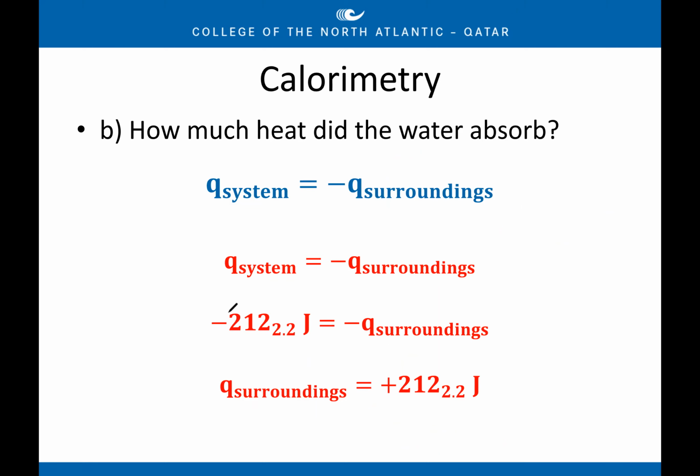So my system was losing, my system's my aluminum, my water is my surroundings. My system lost 212 joules, so negative. My surroundings gained 212 joules.